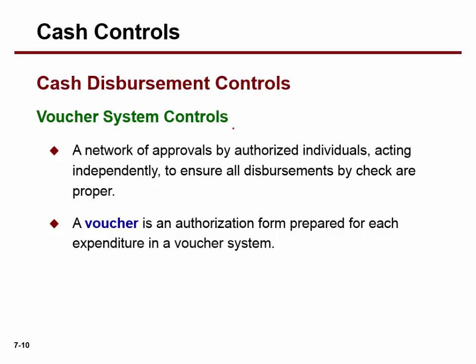Okay, voucher system is going to be what? A voucher system works like this. I have voucher 379, and then I have expense 1, expense 2, expense 3, right?